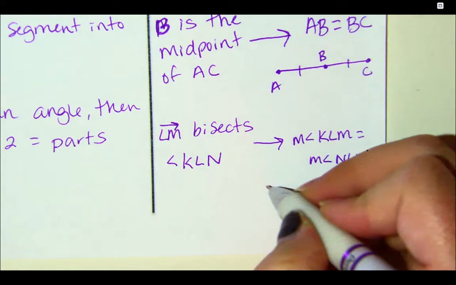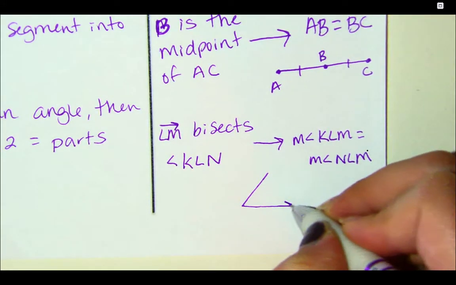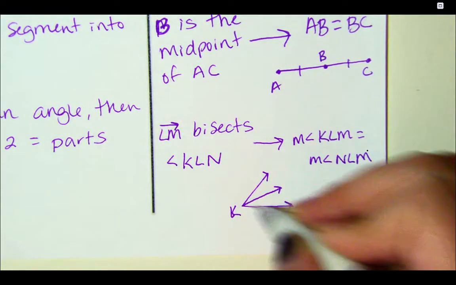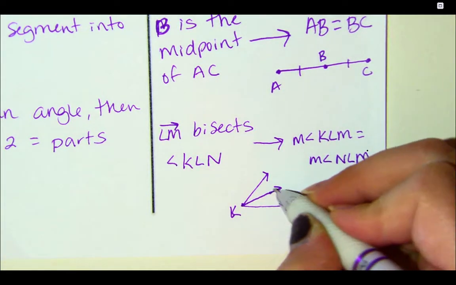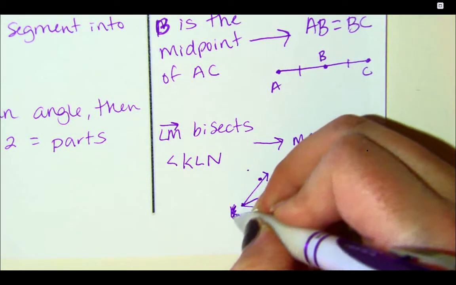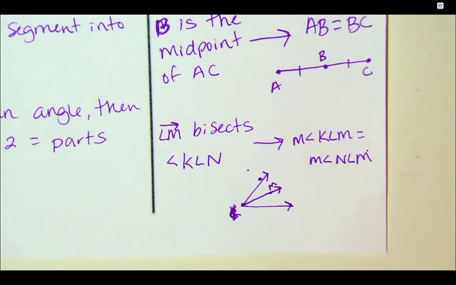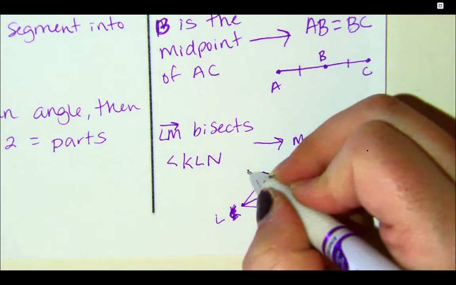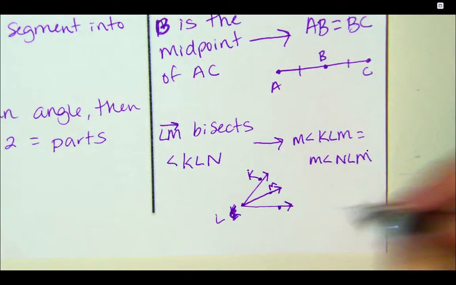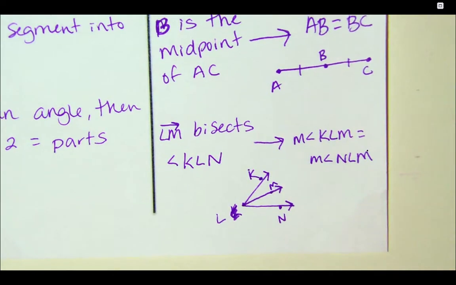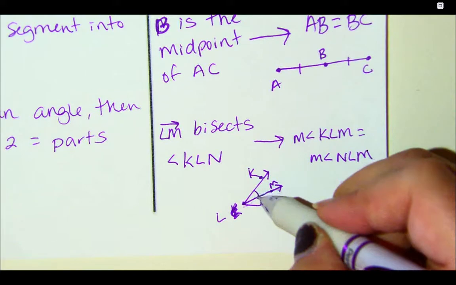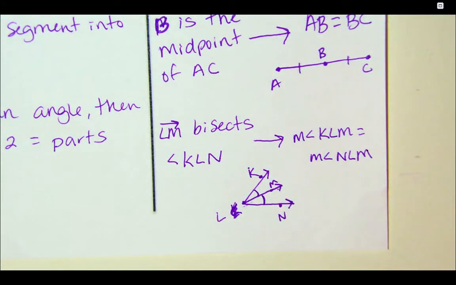That one's kind of hard to picture, so let's draw what that would look like. Point K, M. Oh, that shouldn't be K, sorry. That should be L. Okay, so if LM bisects KLN, then these two smaller angles are equal to each other.